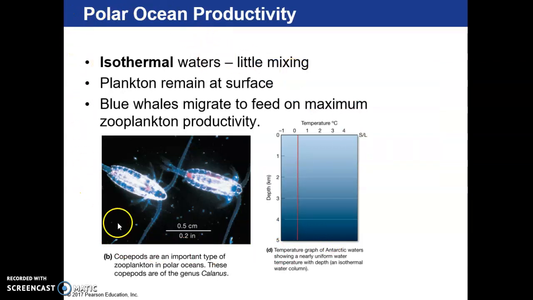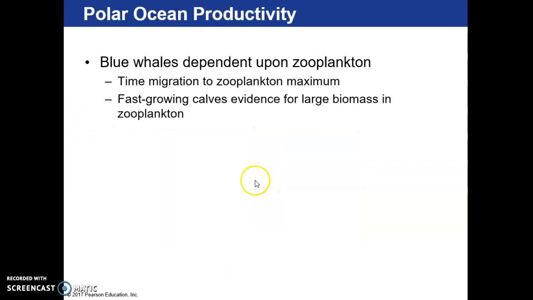Now, the other thing about the polar areas is that they're basically isothermal, so there's little mixing. We don't have a thermocline, it's pretty much the same top to bottom. And so that means that your plankton remain at the surface, which makes them really easy to get by whales and other fish and other zooplankton that feed on them.